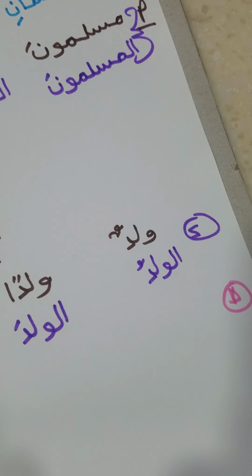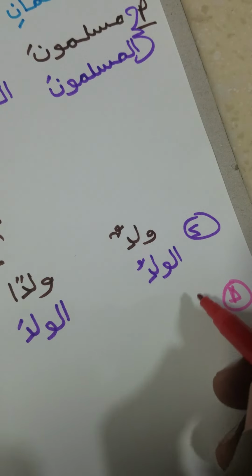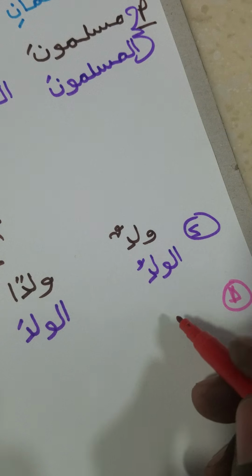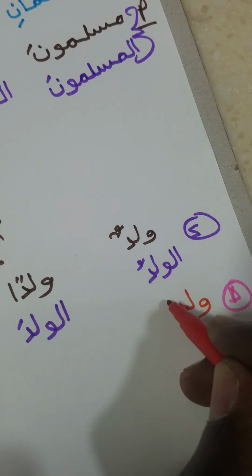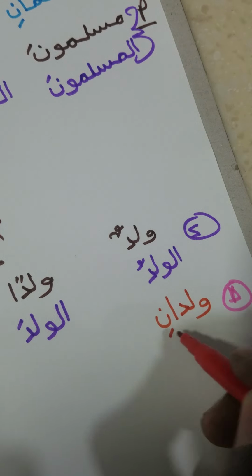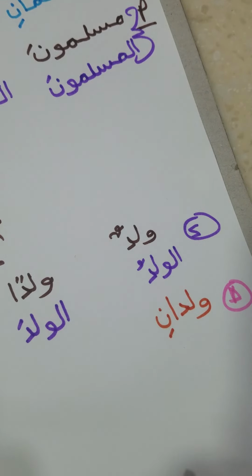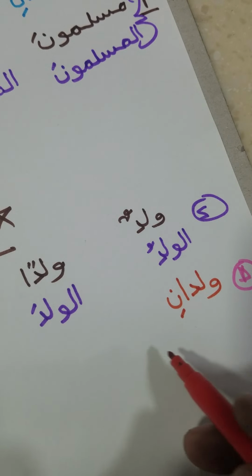Duo, like you noticed in the first case, there is not much change because there is no tanween. What was duo? It was waladan. Then here waladain.